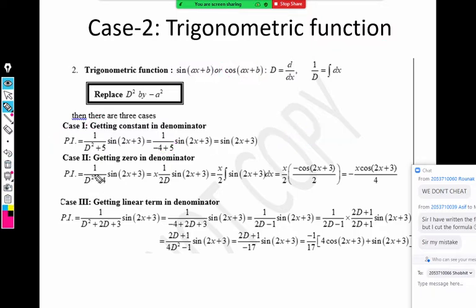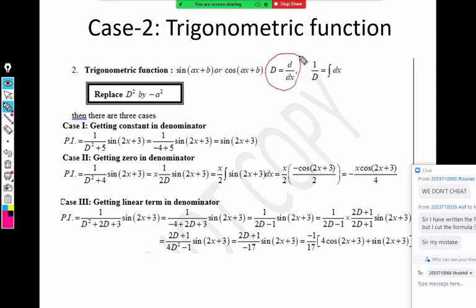But while replacing D square by minus a square, like D square by minus 4, if the denominator comes to 0, we do the same thing as in the exponential part: multiply by x outside the operator and differentiate the denominator. So here x is multiplied and the derivative of D square plus 4 is written as 2D.